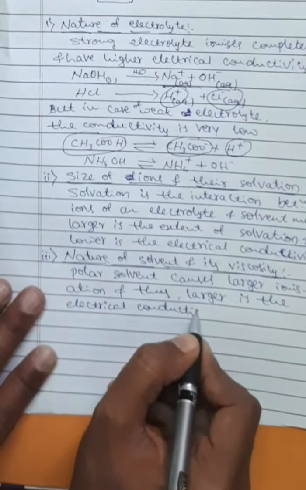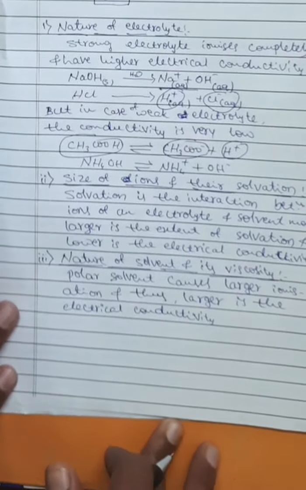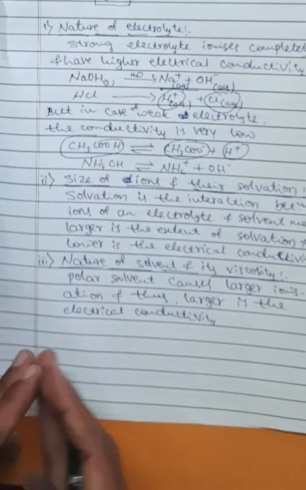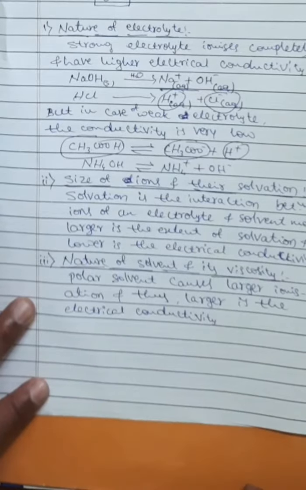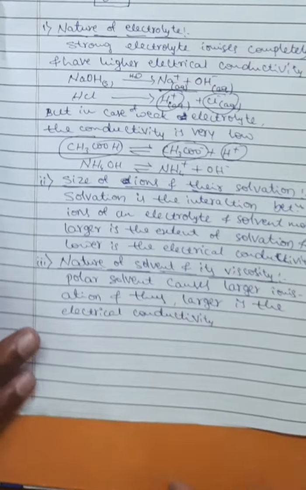Polar solvents have dipoles, like a positive dipole and a negative dipole. As the polarity increases, there is a larger amount of ionization, and because of this the electrical conductivity will be more.